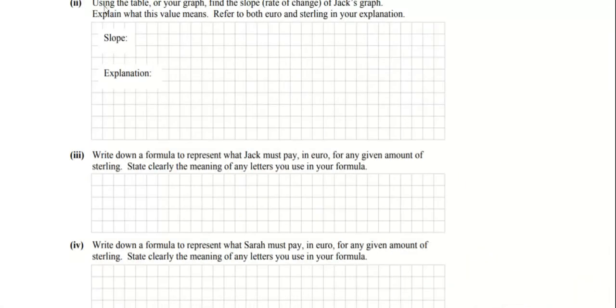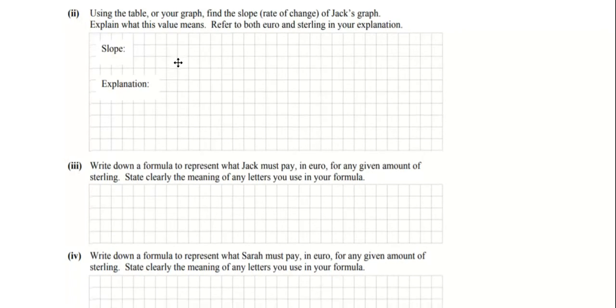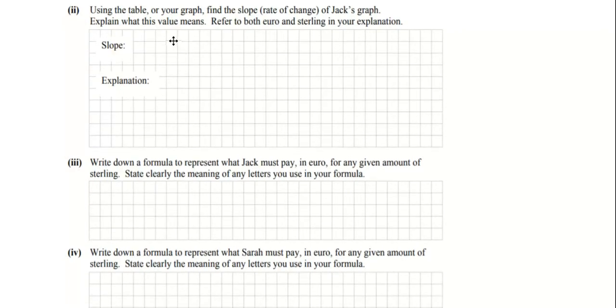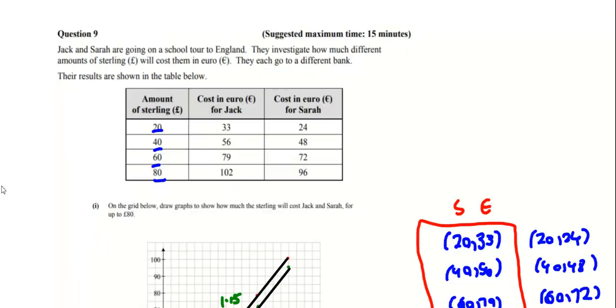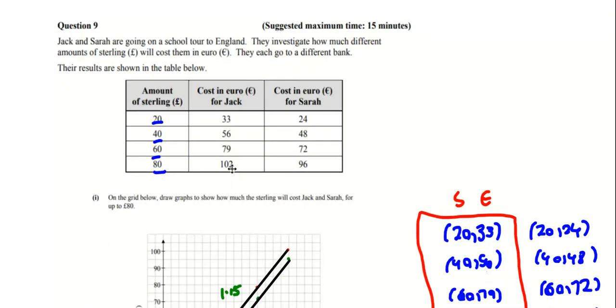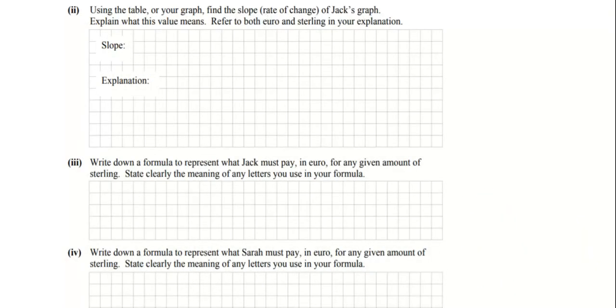Okay, what's the next thing it wants from us? Use your table, find the slope or rate of change of the graph. Explain what this value means. Jack's graph. So which one's Jack's graph? We'll use the first 2 points, 20, 33 and 40, 56.